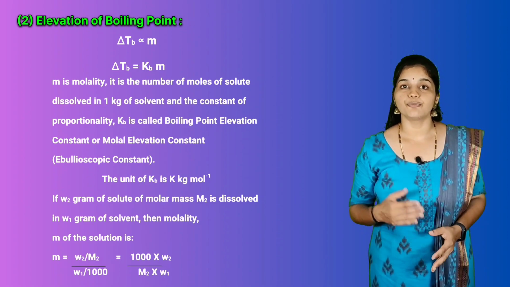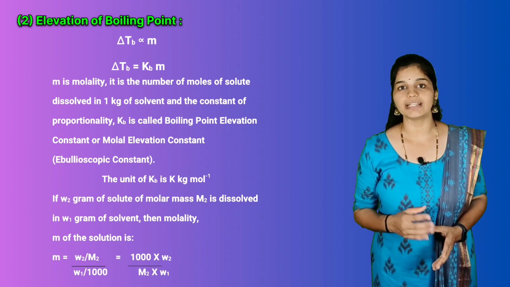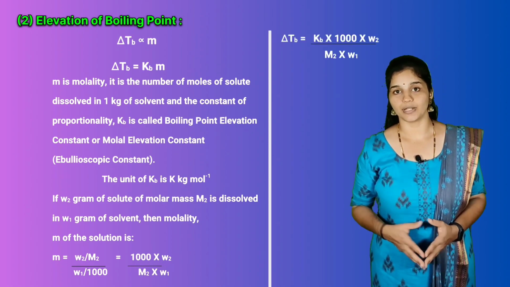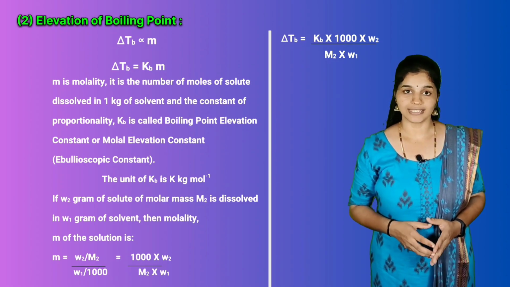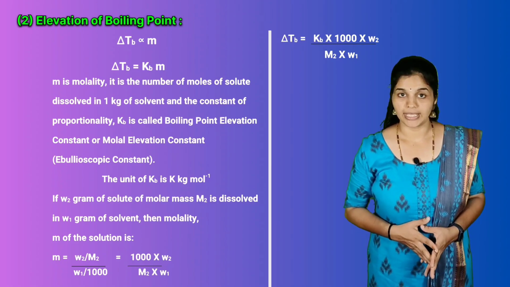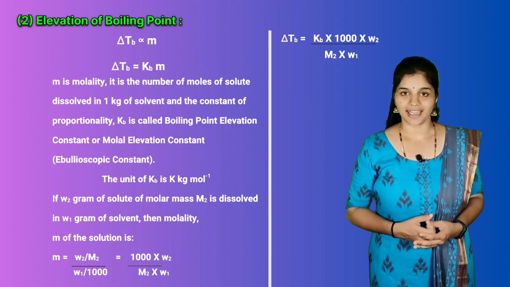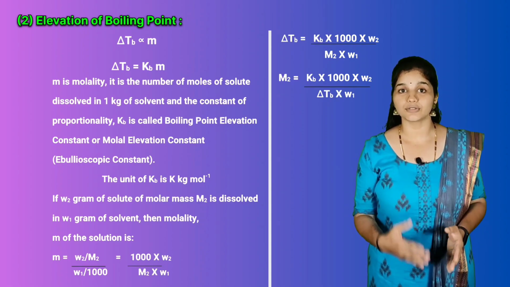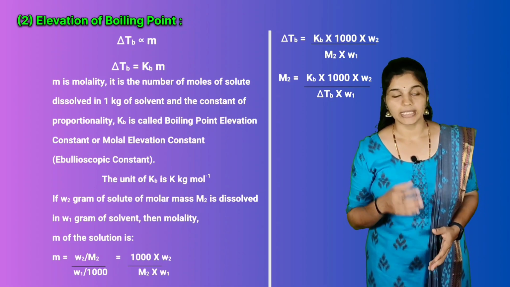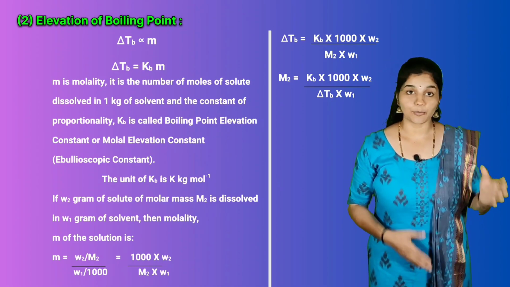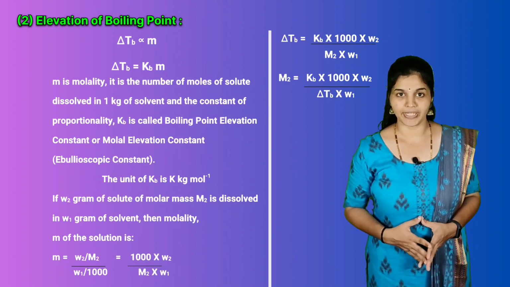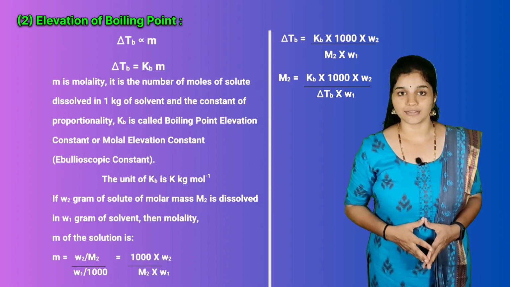Substituting the value of molality into the expression of elevation of boiling point, we can write delta Tb is equal to Kb into 1000 into W2 divided by M2 into W1. Rearranging this expression, we can write M2 is equal to Kb into 1000 into W2 divided by delta Tb into W1. Thus, by knowing the quantities W1, W2, delta Tb along with the molal elevation constant Kb, we can determine the molar mass of the solute.